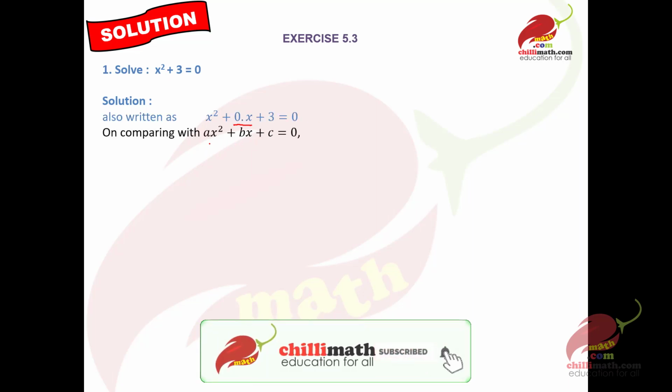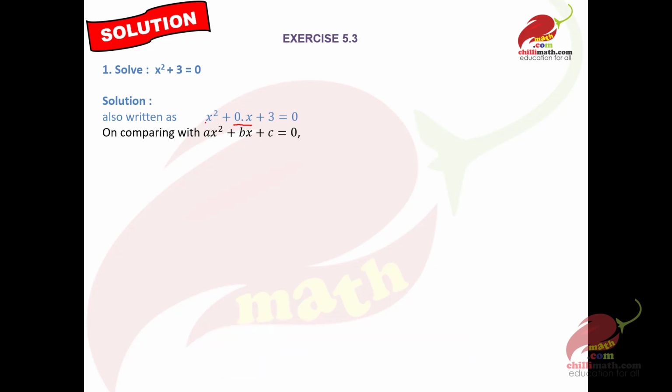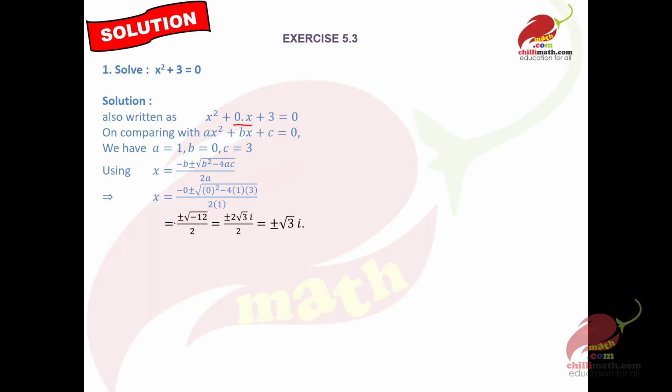Comparing with standard quadratic equation, we get a is equal to 1, b is equal to 0 and c is equal to 3. Now using quadratic formula to find the roots, putting values of a, b, c in this formula, we get minus 0 plus minus square root 0 square minus 4 into 1 into 3 upon 2 into 1, which on solving we get 0 plus minus, 0 square is 0 minus 12, that is minus 12.